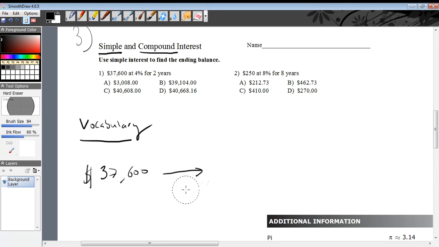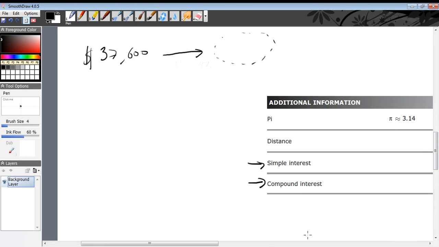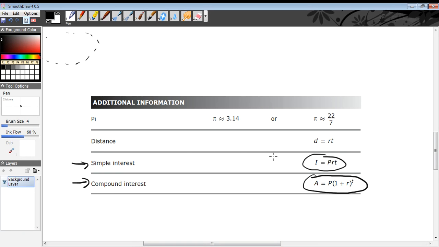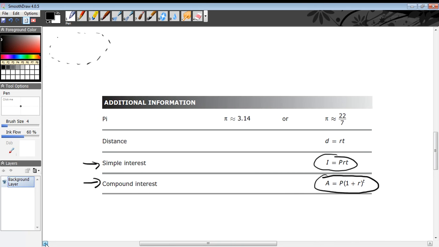So basically it's going to be a percentage increase and we're going to end up with some amount here. Let me show you the formula that we're going to use. For simple interest, we're going to use I is equal to PRT.